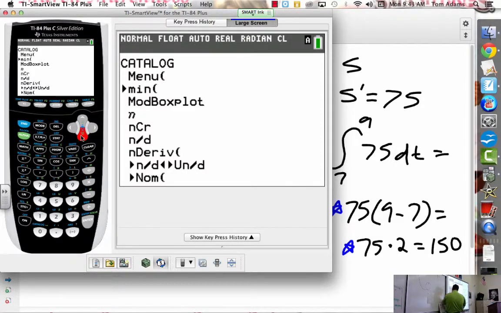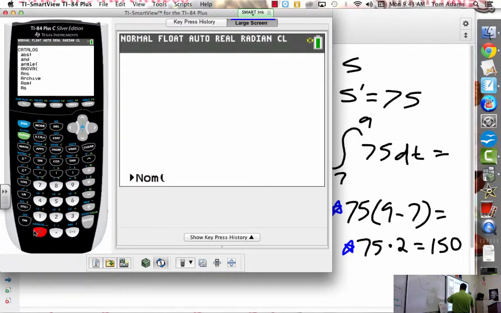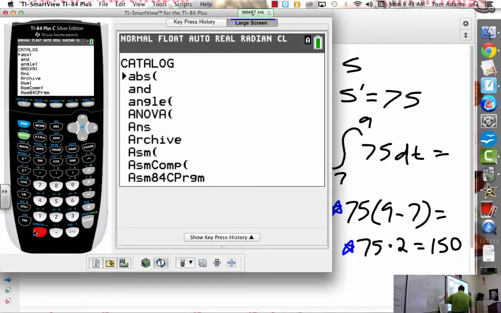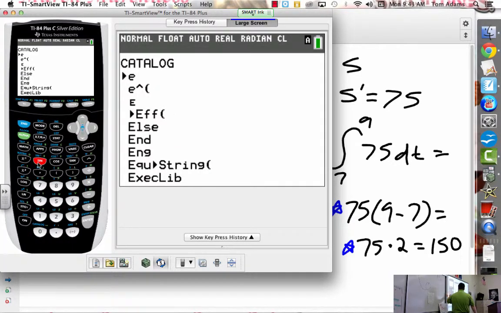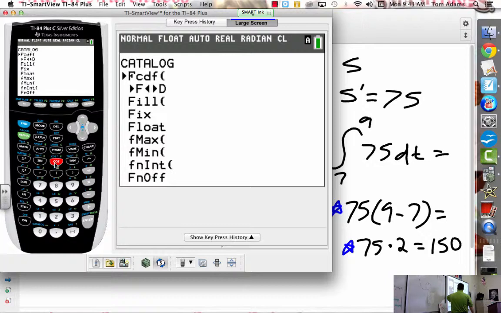It depends. If you have an older calculator, the command was nint. But if you have a newer calculator, I guess it's fnInt. There we go. Yes, here it is.